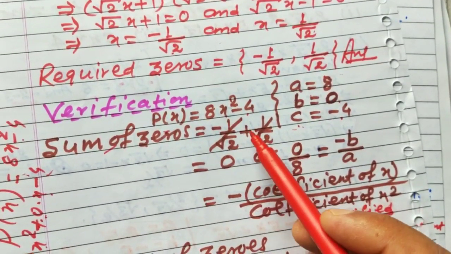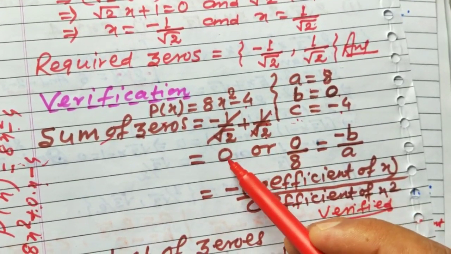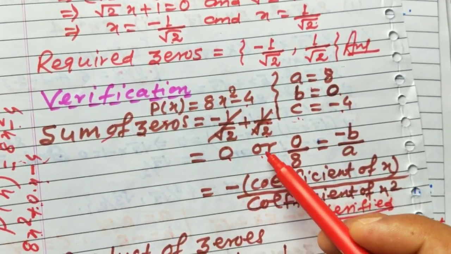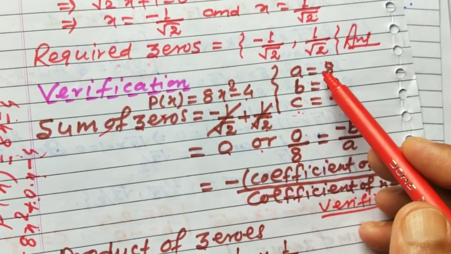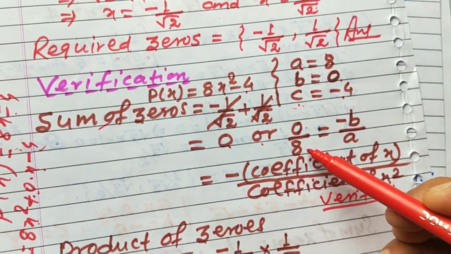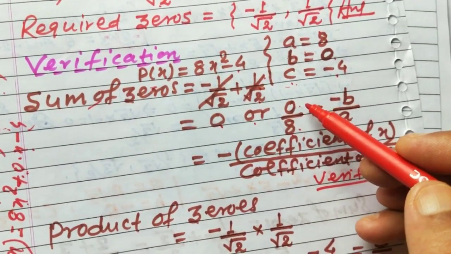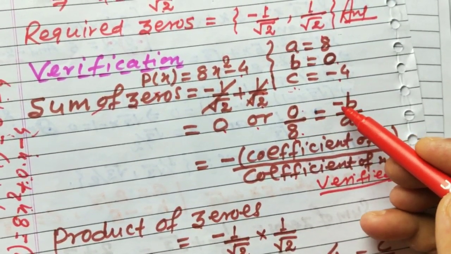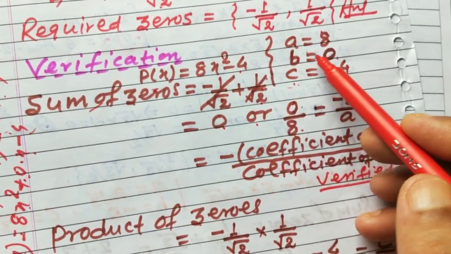Now let us find the sum of zeros. Minus 1 by root 2 plus 1 by root 2. Then it will be cancelled, equal to 0, or it can be also written as 0 by 8. As we can see, a is equal to 8. So we have taken denominator as 8. And 0 is neither negative nor positive. So we can put minus sign before it, because b is 0.